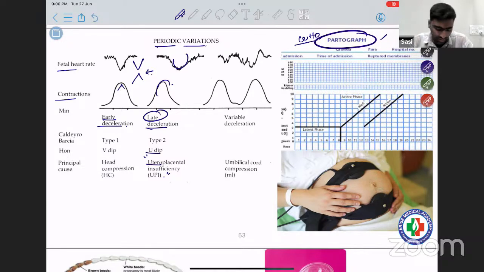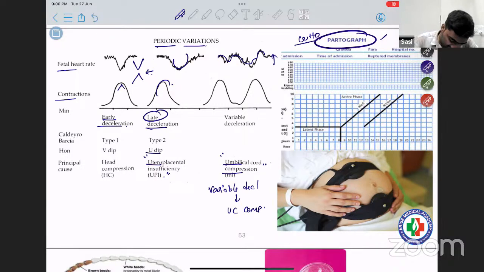Fine. Next one, this variable type of deceleration, this variable type of changes in the heart rate because of variable contraction, it is seen because of umbilical cord compression. You just remember, variable deceleration will be seen in a case of umbilical cord compression, whereas late deceleration will be seen in a case of uteroplacental insufficiency, whereas early deceleration is because of head compression.